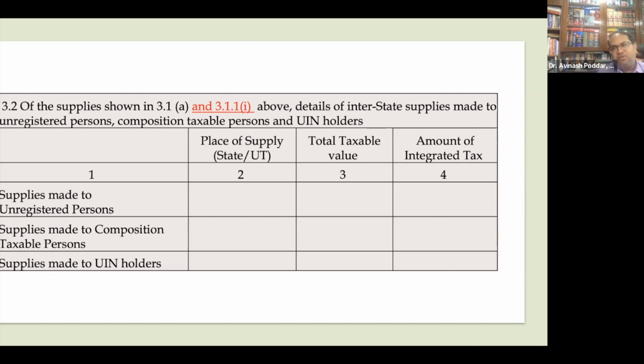अगर आप सर्कुलर देखें तो सर्कुलर का पैरा है 3.3, जिसमें 3 सब क्लॉजेस में ये 3 एंट्रीज अनरजिस्टर्ड पर्सन, कंपोजिशन टैक्सेबल पर्सन और यूआईएन होल्डर्स के लिए वो कह रहे हैं.